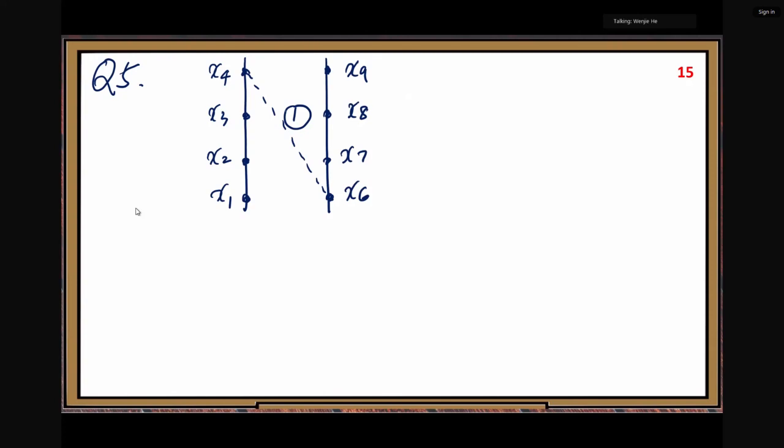Then a few students did a merge way. Some students did a partial merge way, not the full merge.